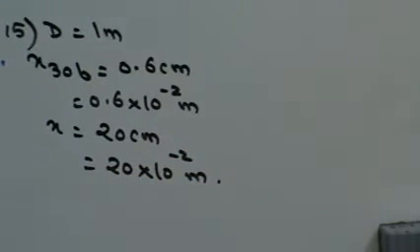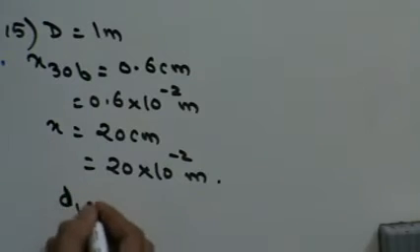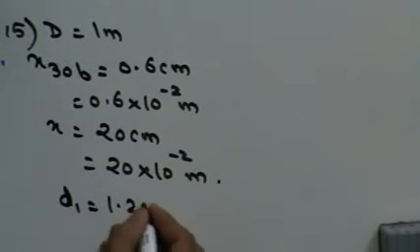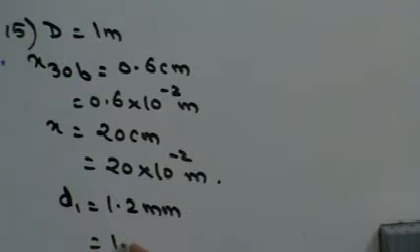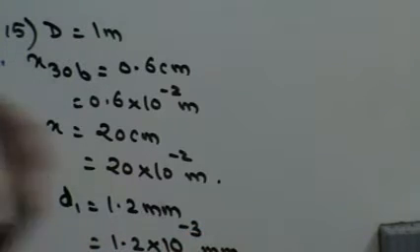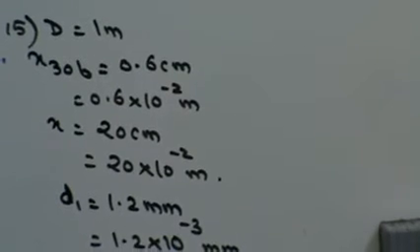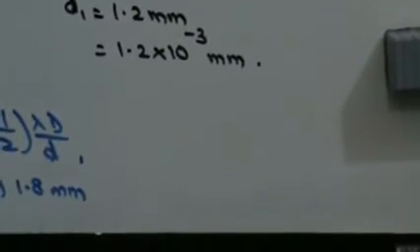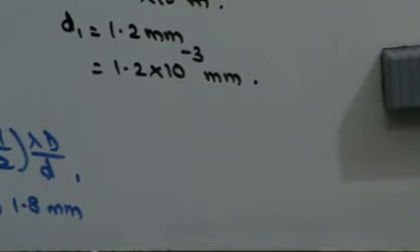What is the wavelength of light used, if the distance between the two virtual images is 1.2 millimeters?